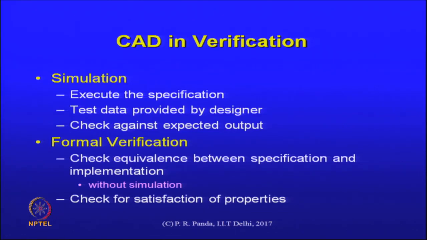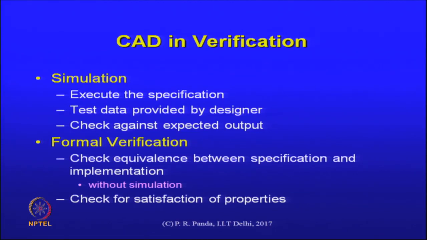We talked a while ago about entering a system in the form of a finite state machine and answering the question of whether a particular state is reachable or not. That would be an example of a verification. You do not rely necessarily on any simulation input.